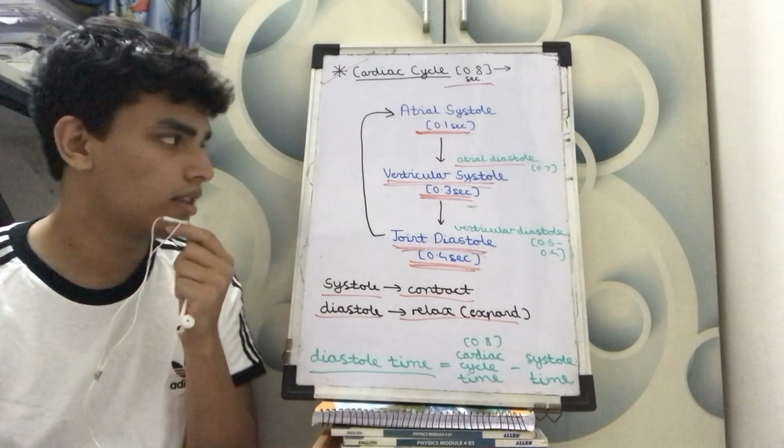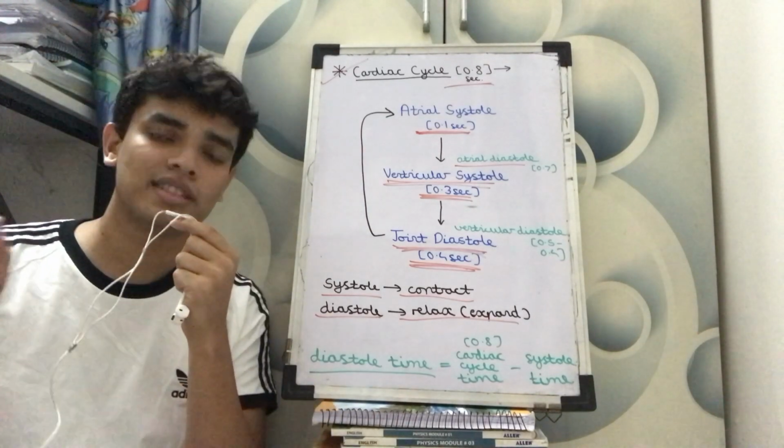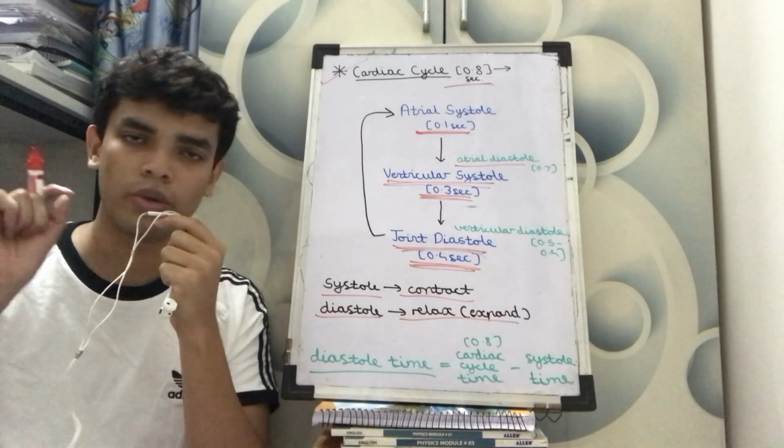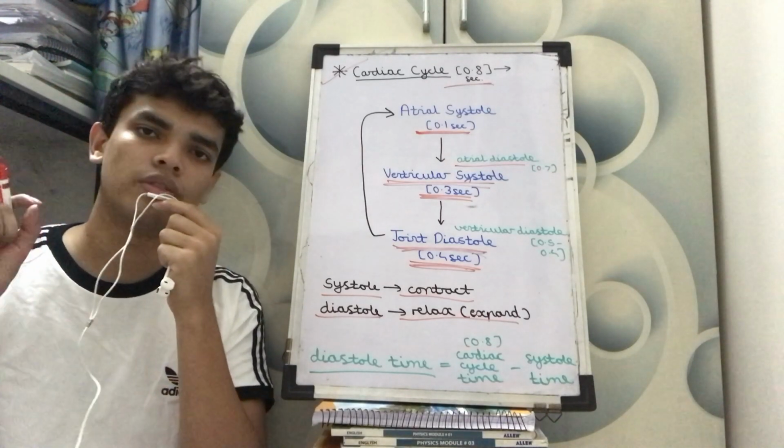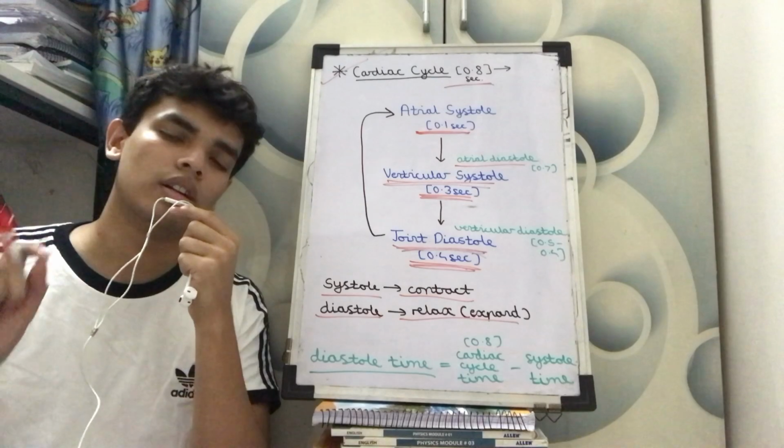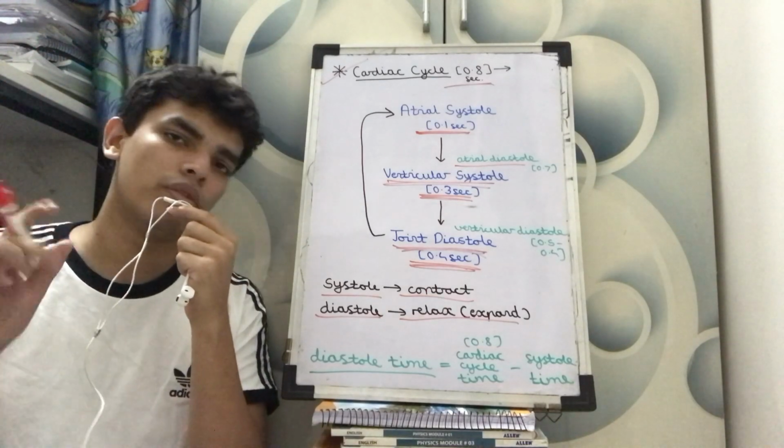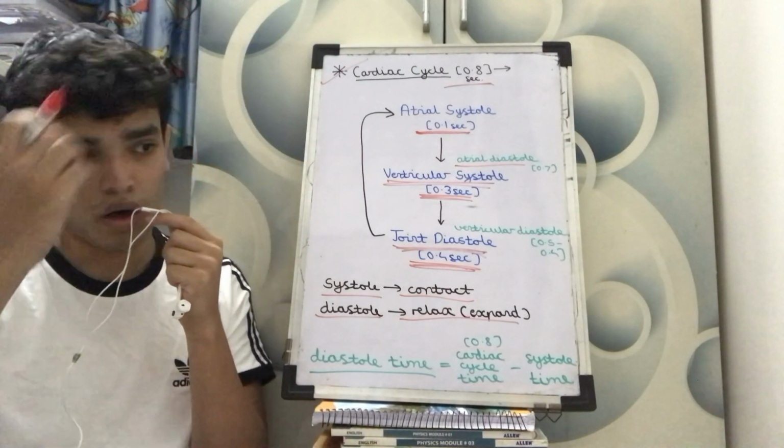There is an important point, you have to learn the systole timings. Atrial systole is of 0.1 second, ventricular systole is of 0.3 second, joint diastole is of 0.4 second. Now how to calculate?